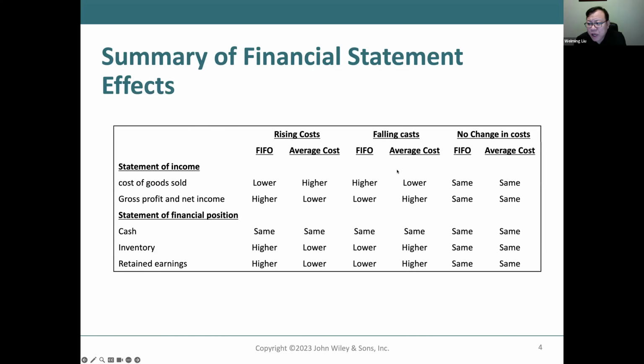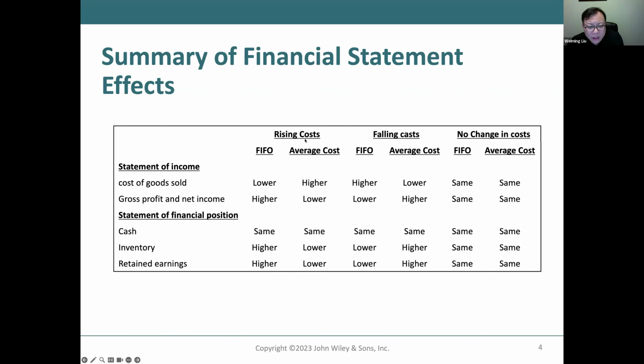So when we compare FIFO and average cost, there are two methods, and we want to compare the effect of these different methods on the financial statements.